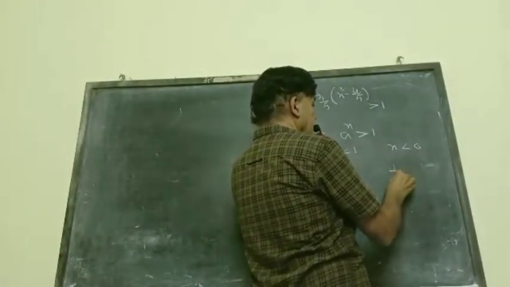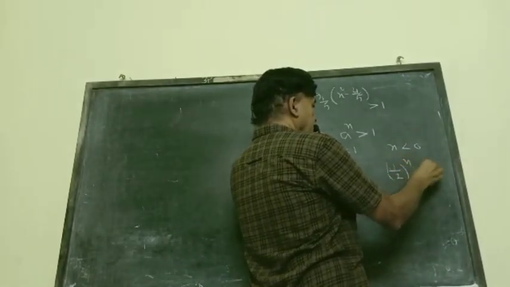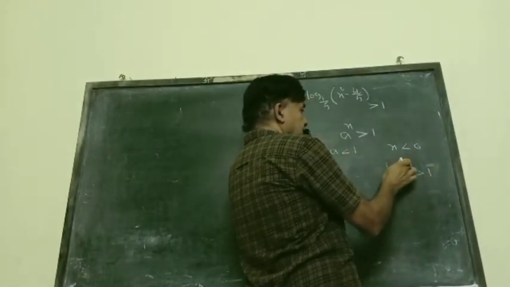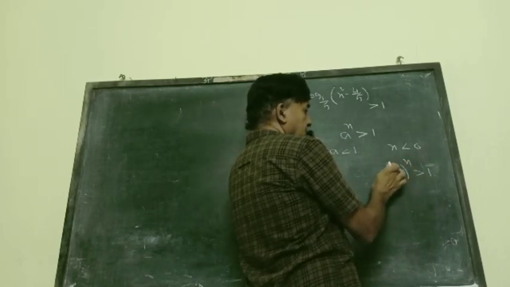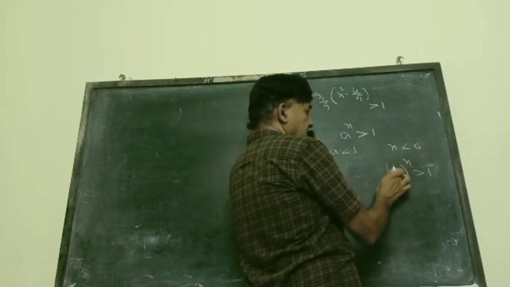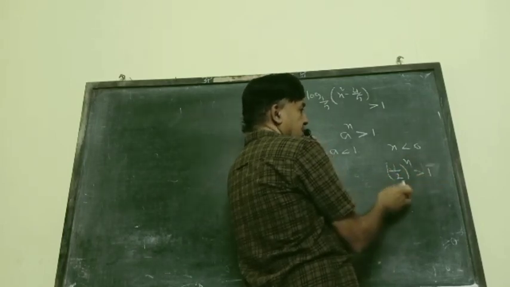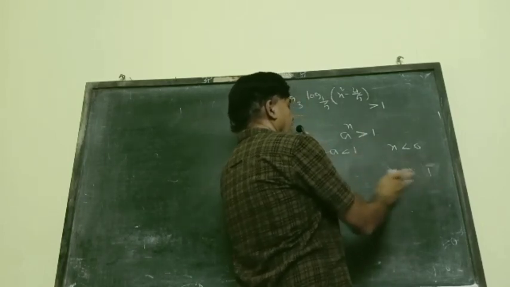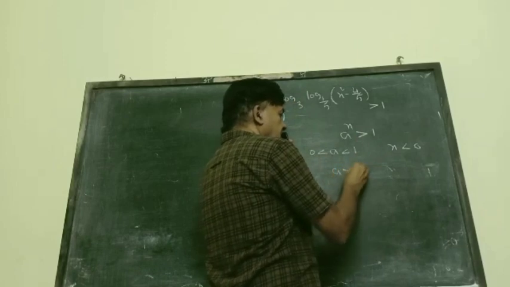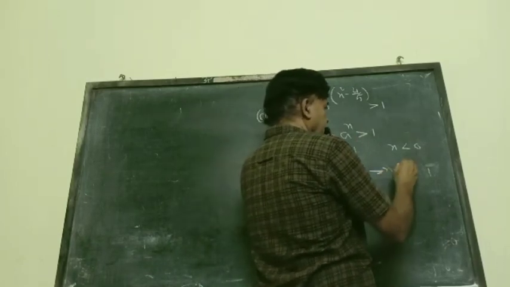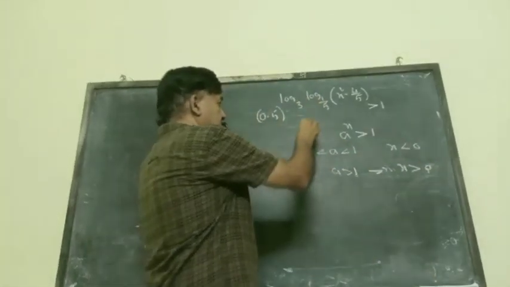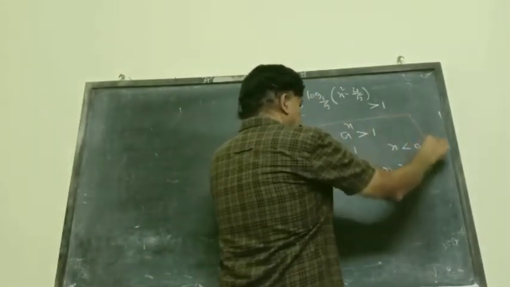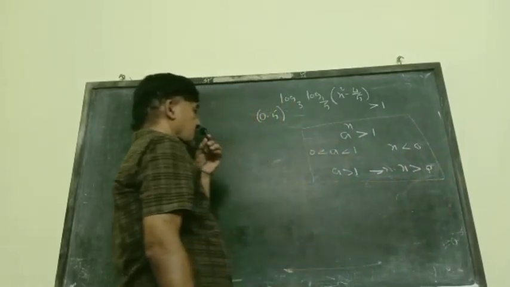Consider 1 by 2 whole power x greater than 1. If x is a negative quantity, then 1 by 2 whole power minus 1 means 2, which is greater than 1. It's very simple common sense. If a is greater than 1, it implies x is greater than 0. So this is the first concept you should notice.